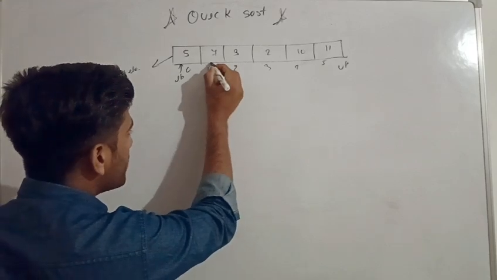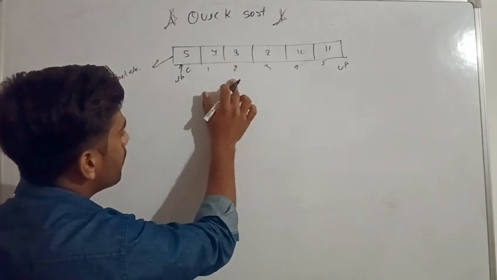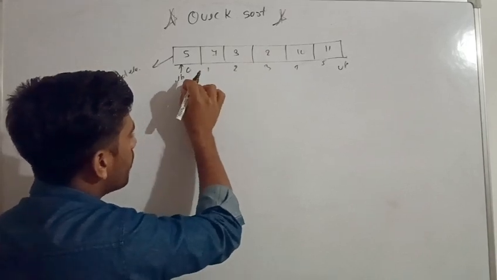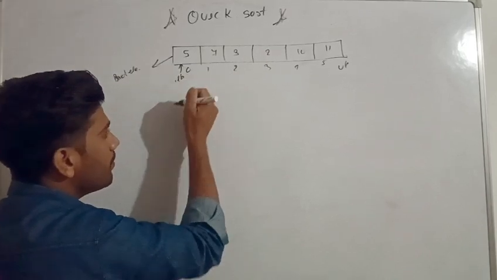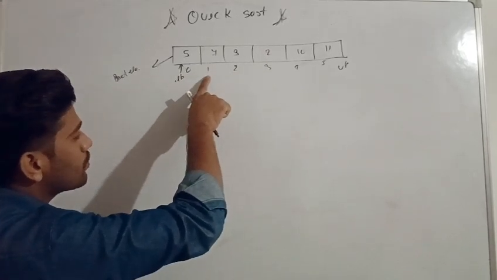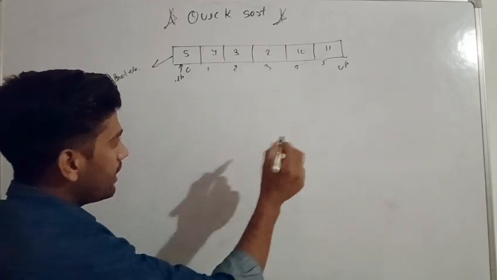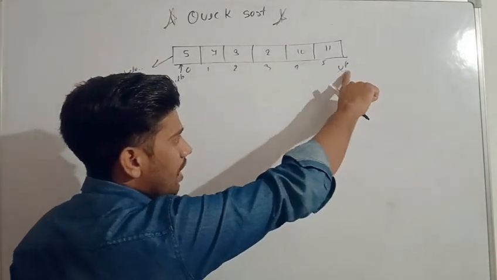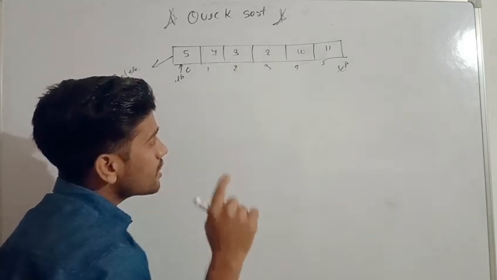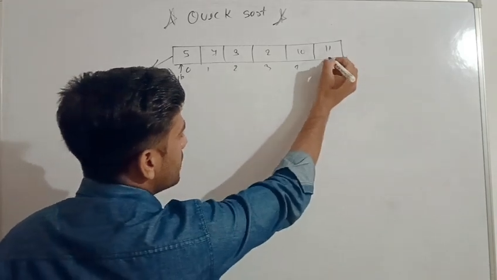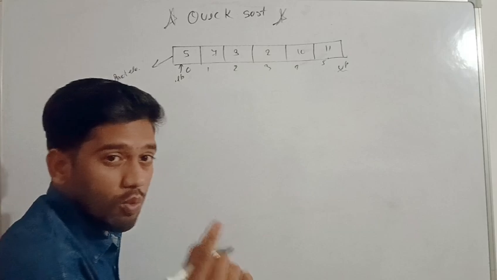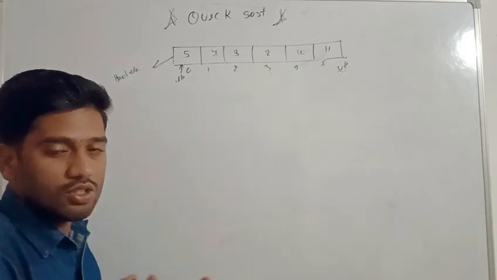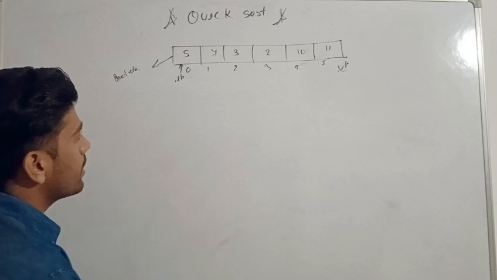When it is greater than the pivot, we will not go ahead or increment the lower bound. When comparing with the upper bound, we make sure the element is smaller. If the number is smaller, then we do something. What will we do? Now here we will see.